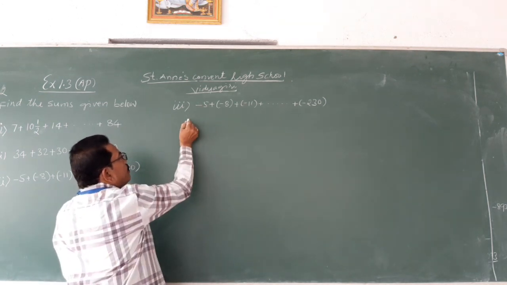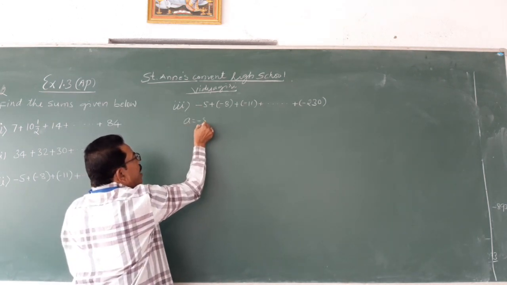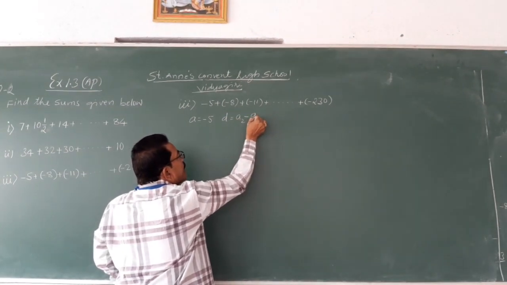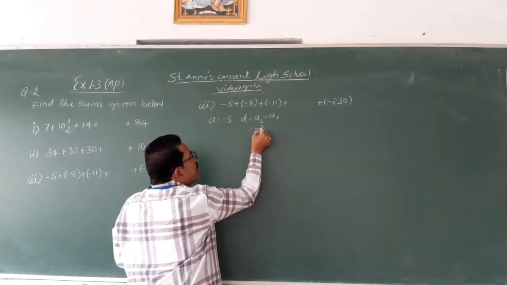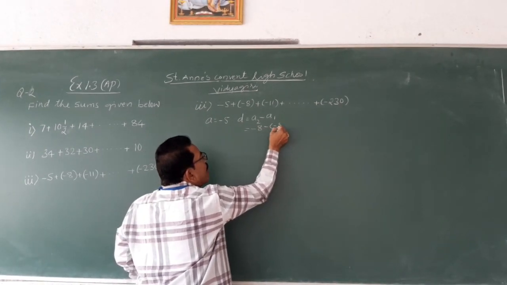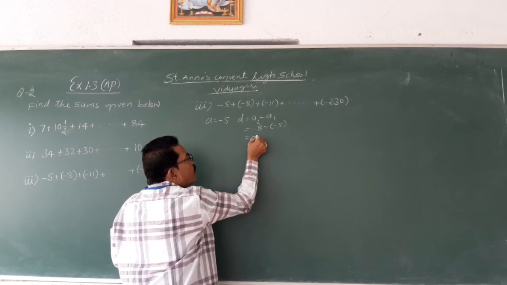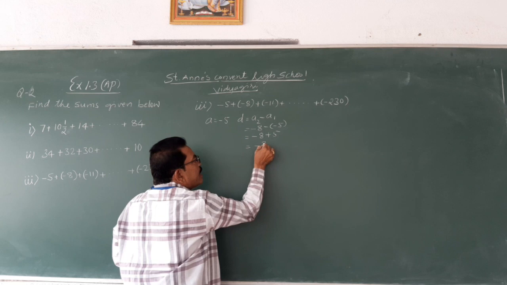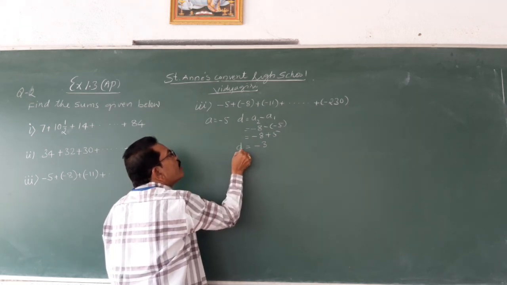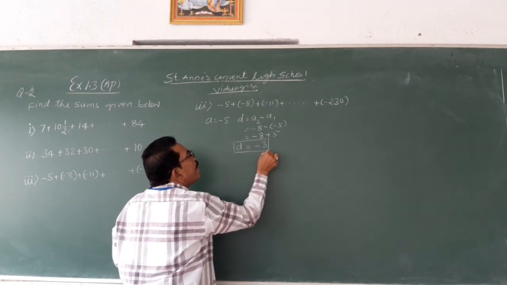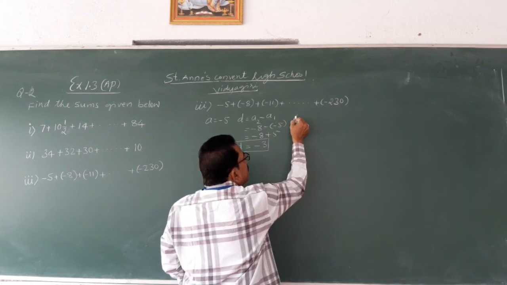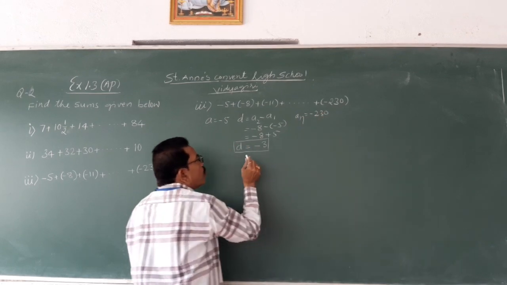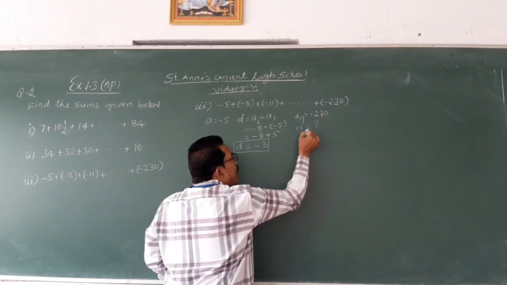Let us solve this one. a equals minus 5. d equals a2 minus a1, that is minus 8 minus of minus 5, that equals minus 8 plus 5, which equals minus 3. d equals minus 3. Then an is given, that is an equals minus 230. So we need n and Sn.